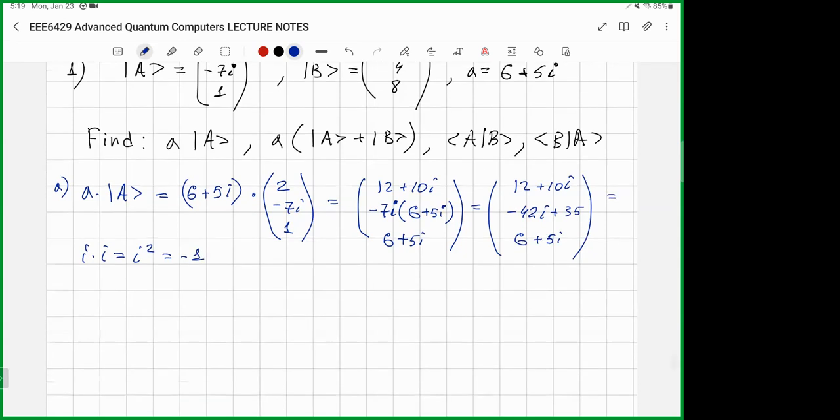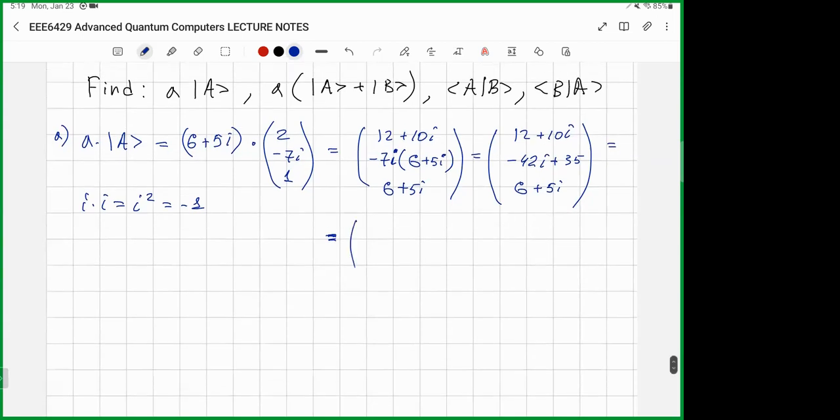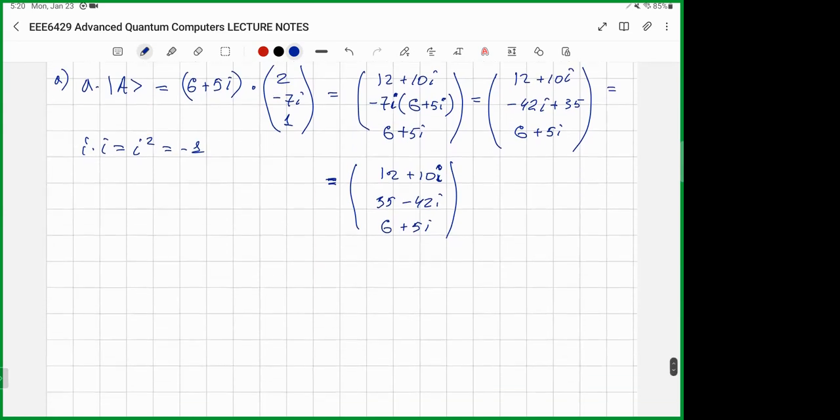Of course, the imaginary part of the complex numbers should stand in the second part. So the first one is 12 plus 10i, then 35 minus 42i, and 6 plus 5i. Okay, so this is the first one.